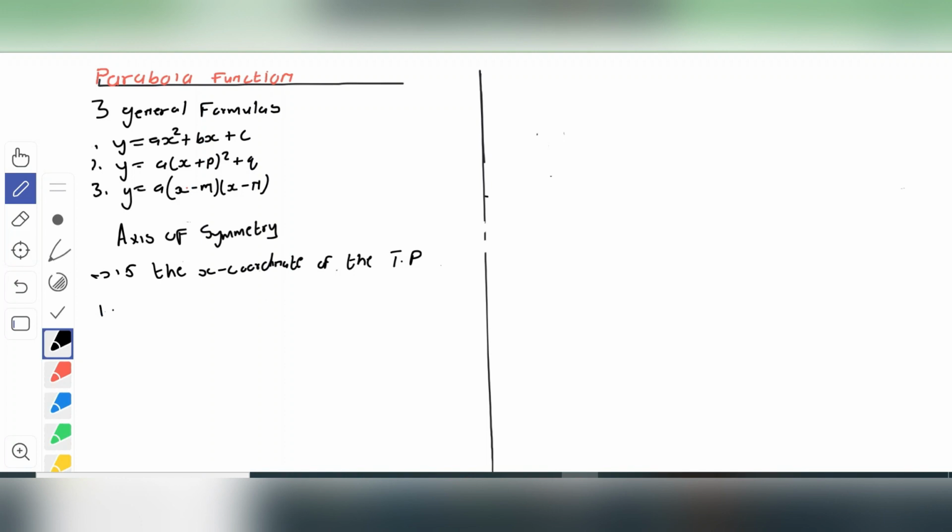For the first example, let's say we're given y is equal to x squared plus 4x minus 1.